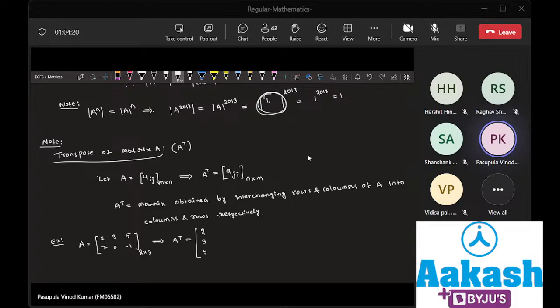The second row is 7, 0, minus 1, which becomes the second column. What is the order of this? It is 3 by 2. Observe that I have written m by n here and n by m here, so the row and column numbers are changed. Do you get it, everyone?